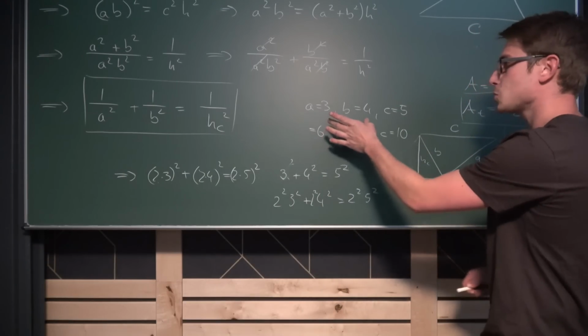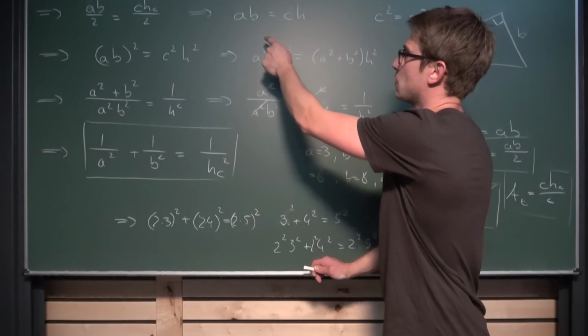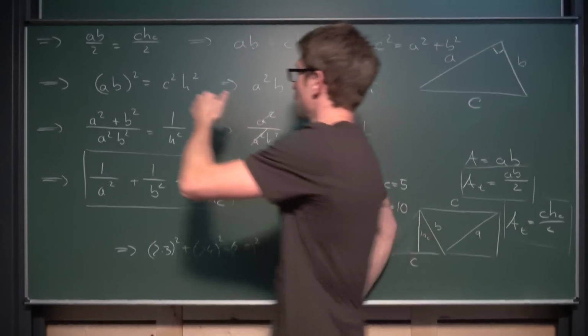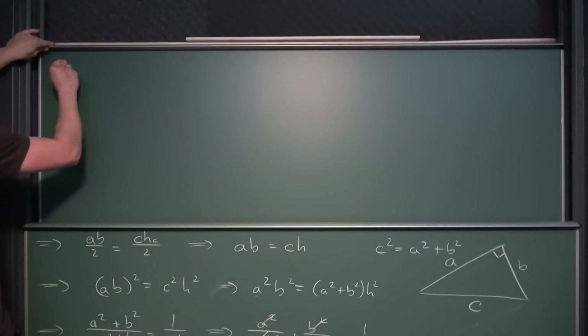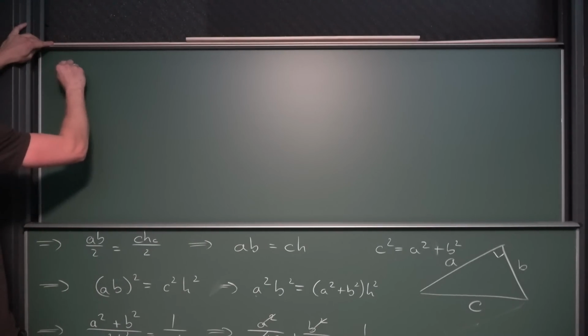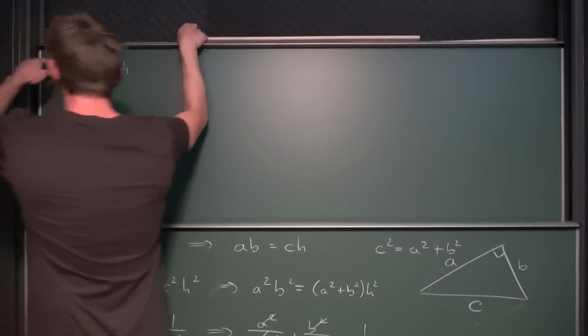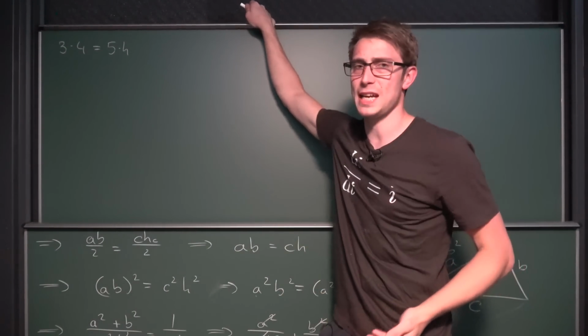What I did is I was using the regular 3, 4, 5 triple, and then I went back to the original equation, namely that a times b is equal to c times h. If we plug all of this in, let us do it with numbers before we generalize this whole process, we get with the smallest regular Pythagorean triple that 3 times 4 is equal to 5 times h, meaning, at the moment, 12 is equal to 5 times h.